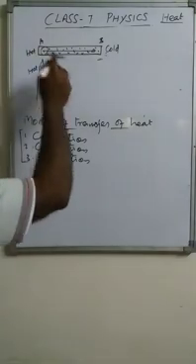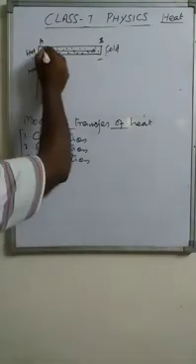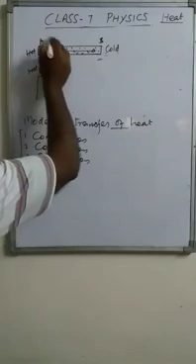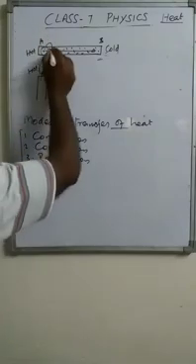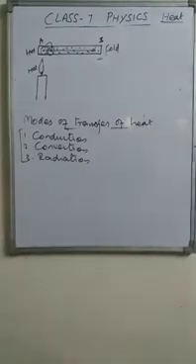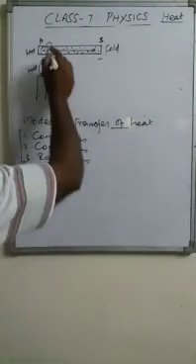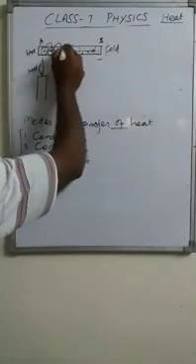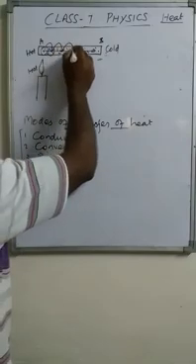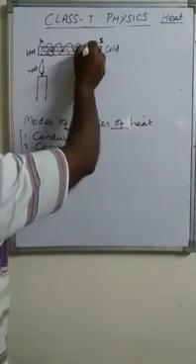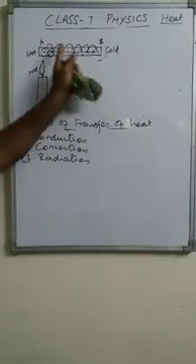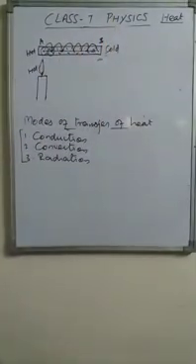Due to this to and fro motion, the heat is transferred to this part, and those particles again come into to and fro motion. It is transferred again. Continuously, this to and fro motion takes place, and the energy is transferred from one place to another place.